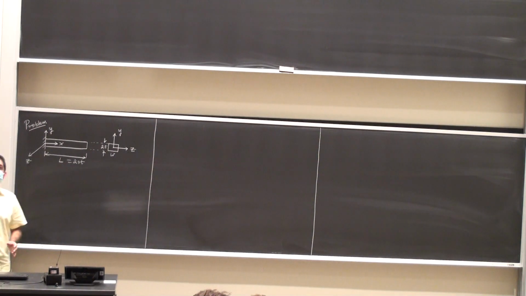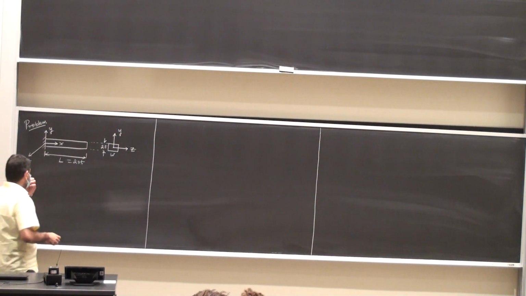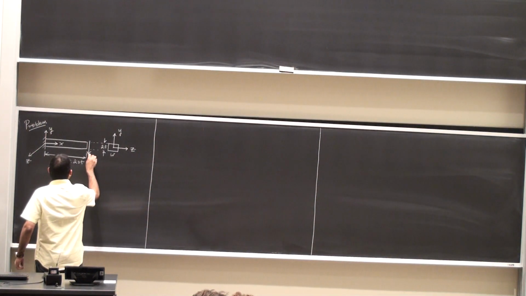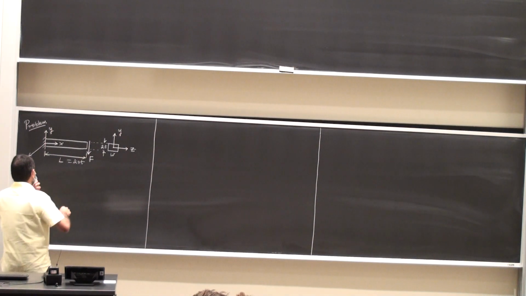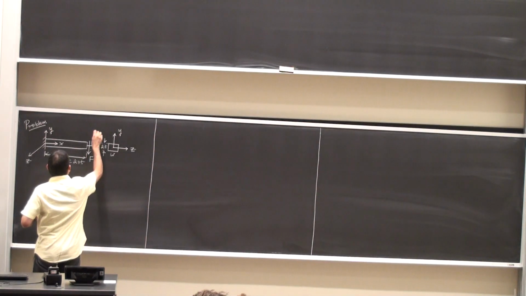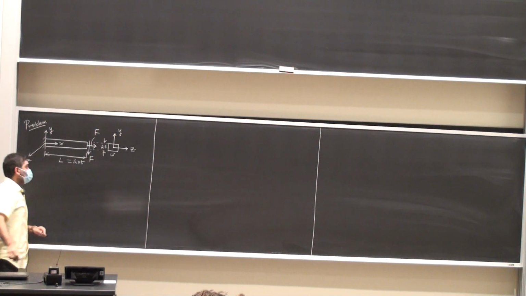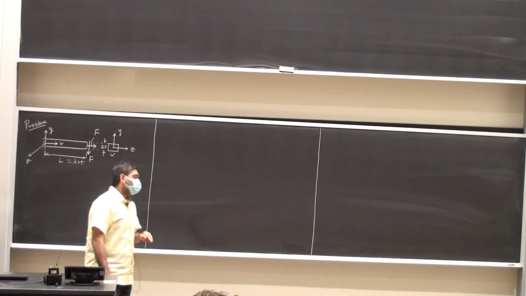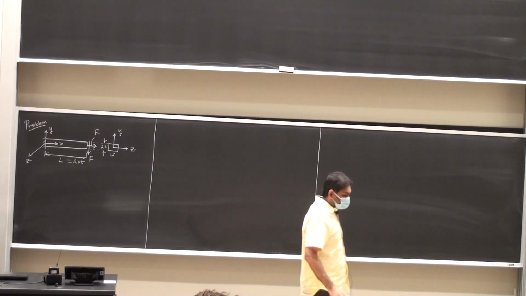There are a couple of forces acting at the free end of the beam. A force of magnitude F, and then another horizontal force, an axial force of magnitude. What we want to do in this problem is the following.